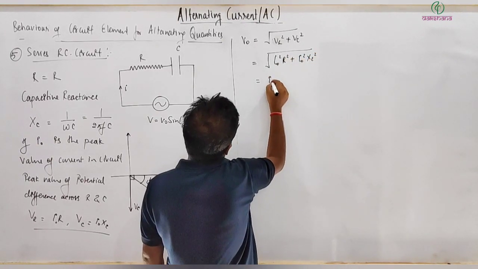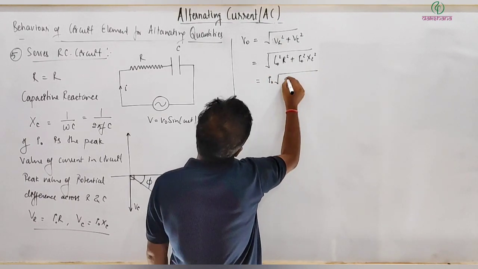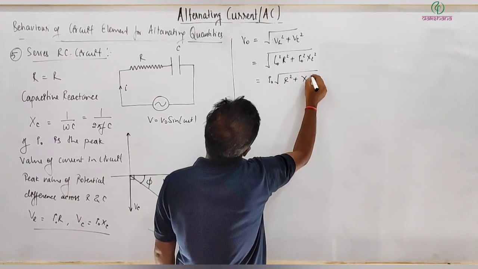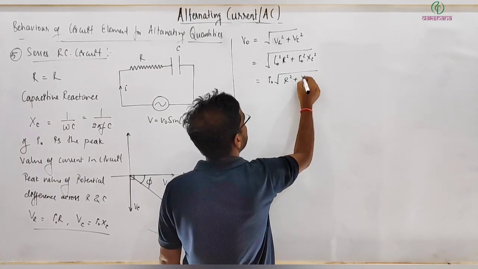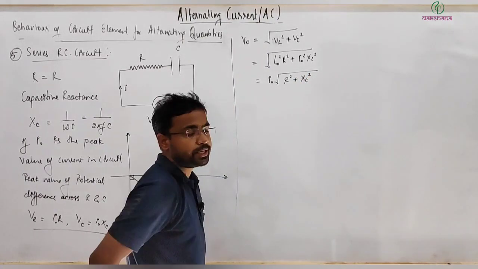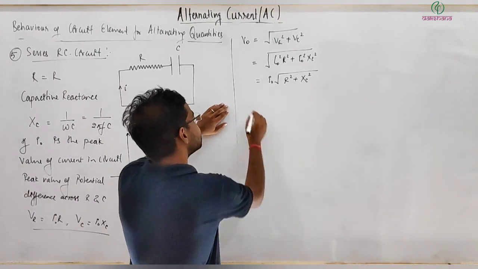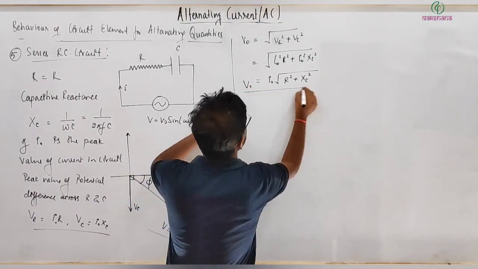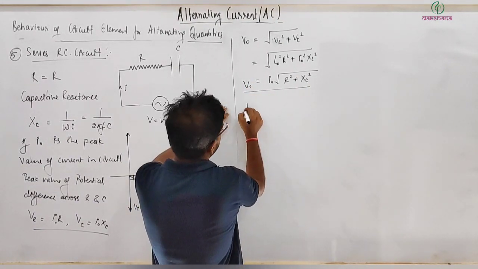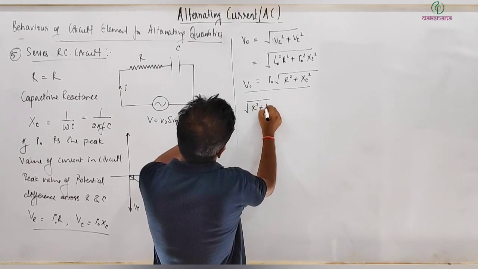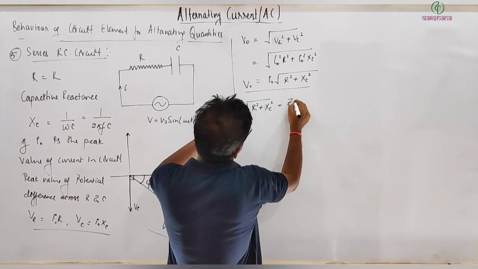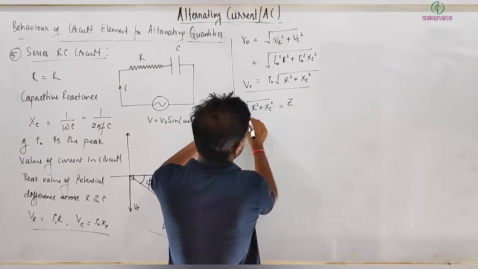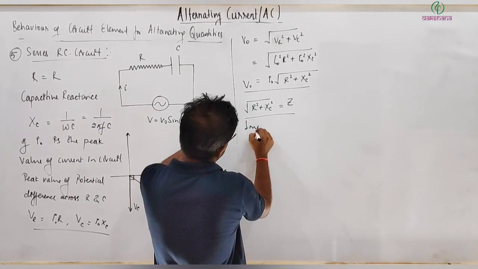This comes out to be I naught under root R square plus XC square. Clear? And again this is equal to my peak voltage, and here I write under root R square plus XC square. This is Z, and that is called the impedance of the RC circuit.